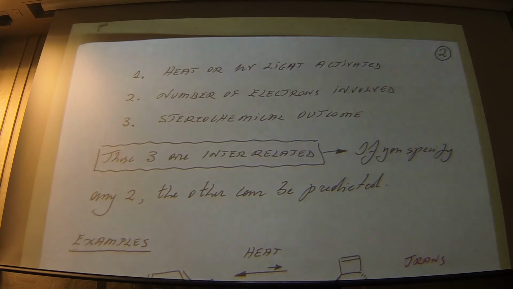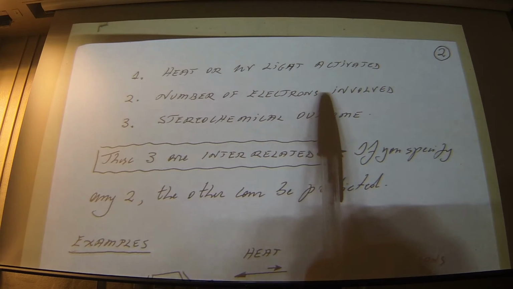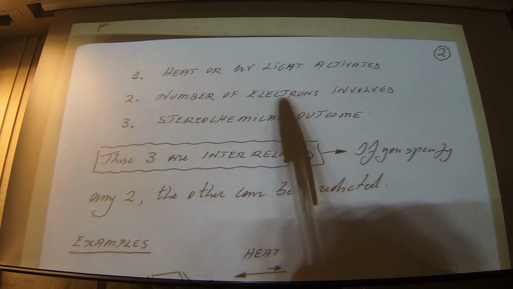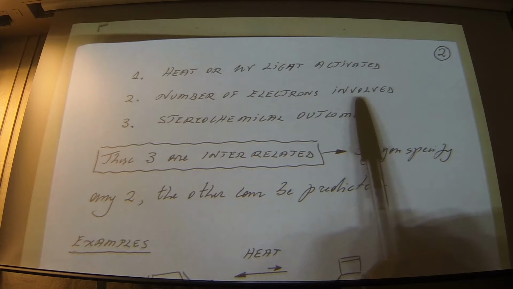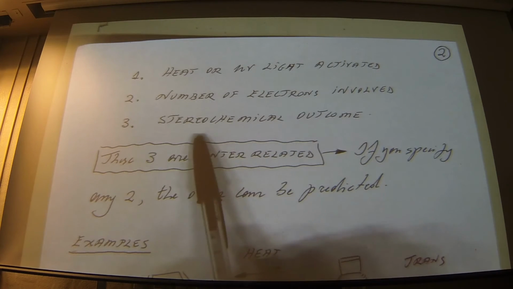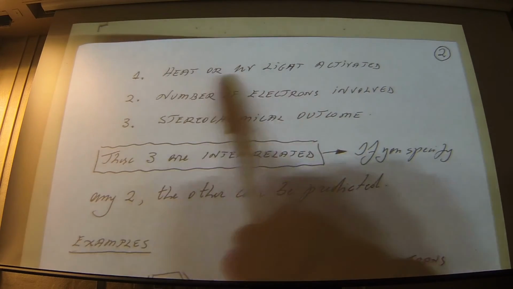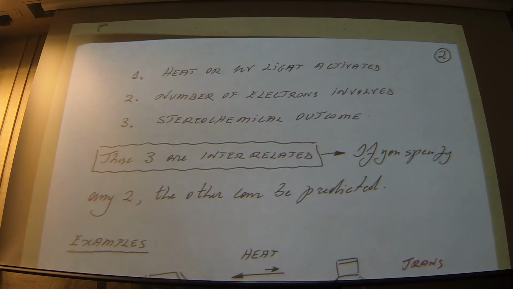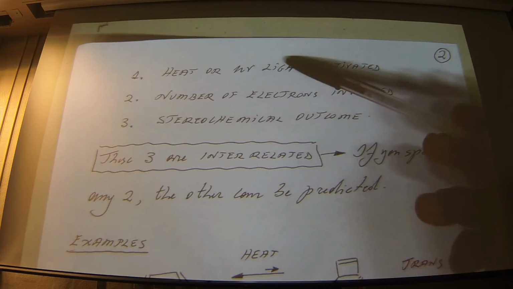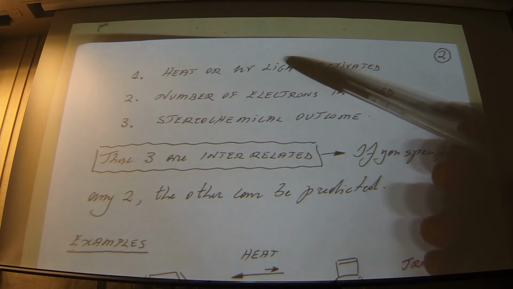The number of electrons involved, and I should say electrons, because they don't all have to be pi electrons, is going to have a bearing on the stereochemistry, as is whether it is heat or light activated. So these are the three things we're going to be thinking about: heat or UV, how many electrons are we talking about, and what's the stereochemical outcome? Now, if you know two of these, you know the third one, any two.